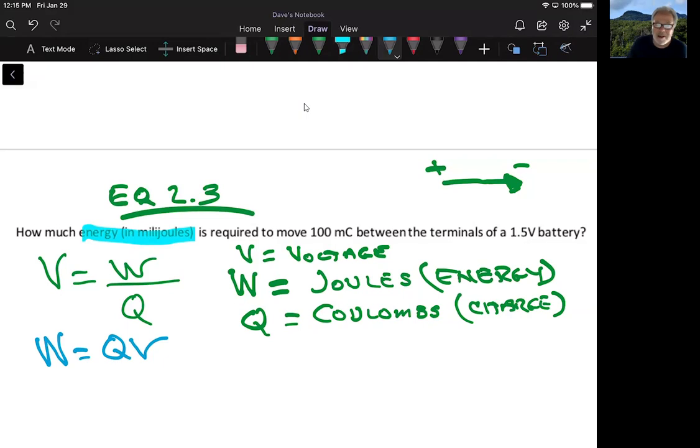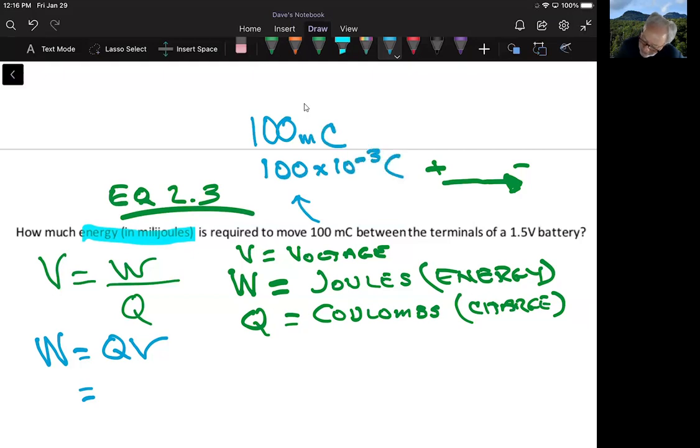Now, when I get to that point, I basically just need to enter the correct numbers with the correct values, recognizing metric prefixes. So if I have 100 millicoulombs, I have to recognize that that is 100 times 10 to the negative third coulombs, okay?